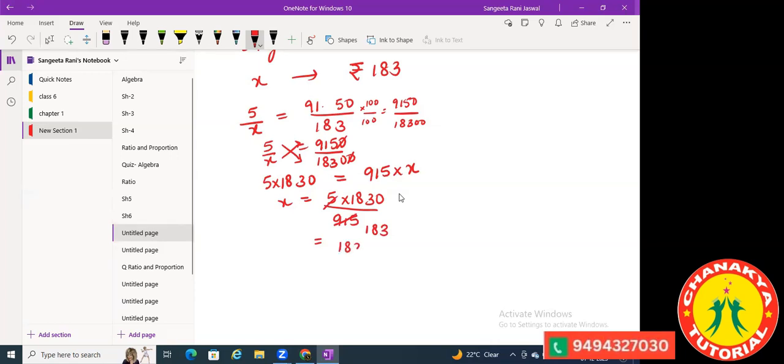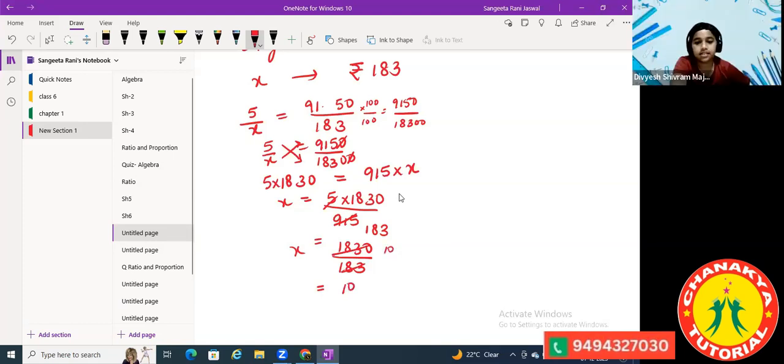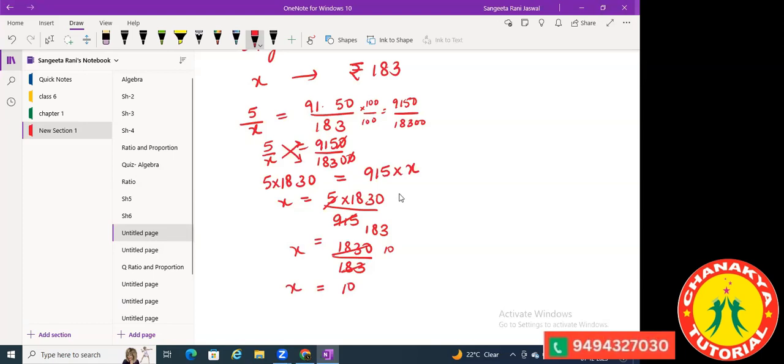So 1830 and 183 x. So that means when you do this, you will get 10. Ma'am, 10 kg. Yes, so x is 10 kgs.